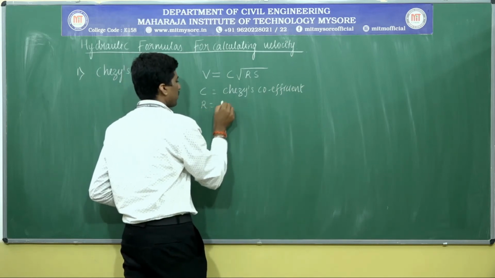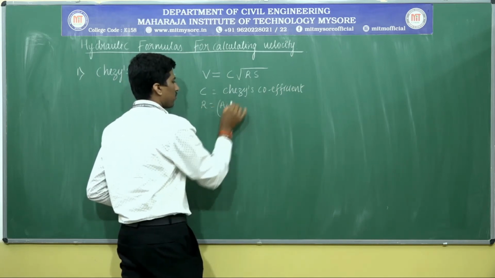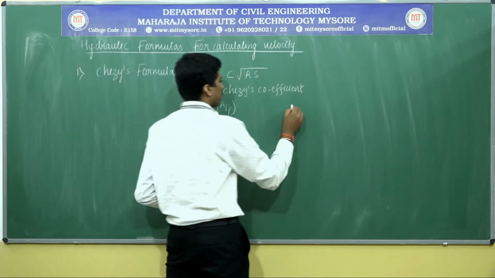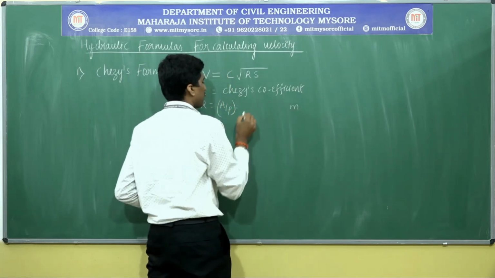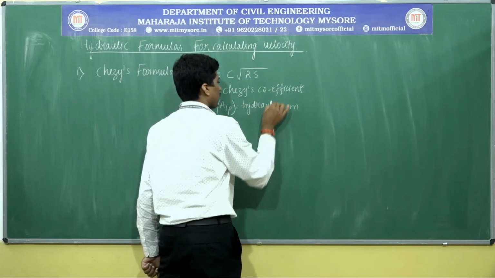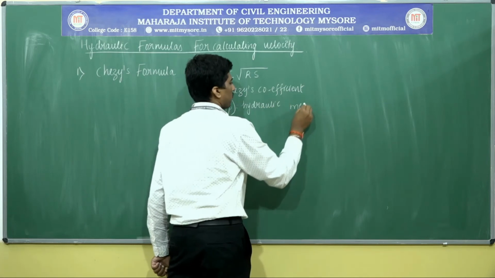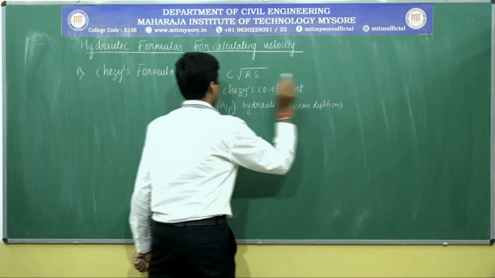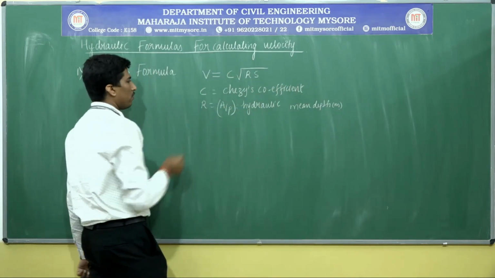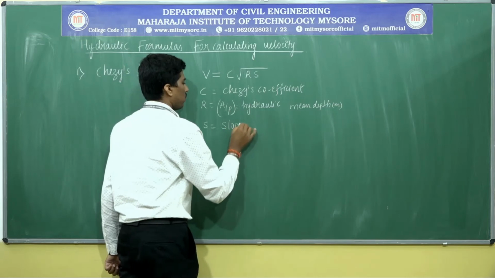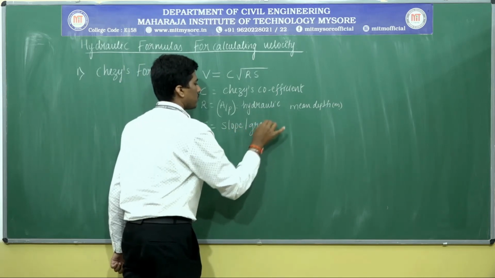R is the hydraulic mean depth, that is A by P, area over wetted perimeter, represented in meters. Finally, S is the slope, or we also call it the gradient.